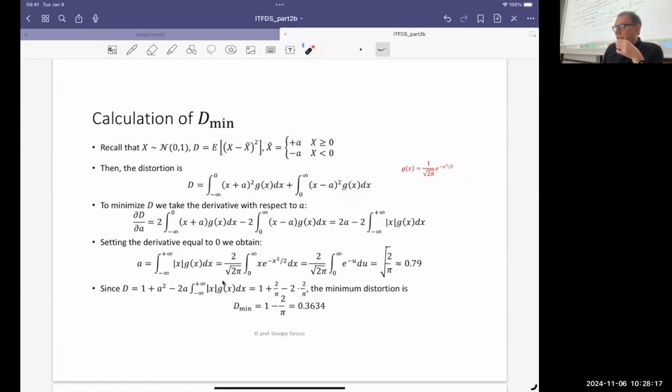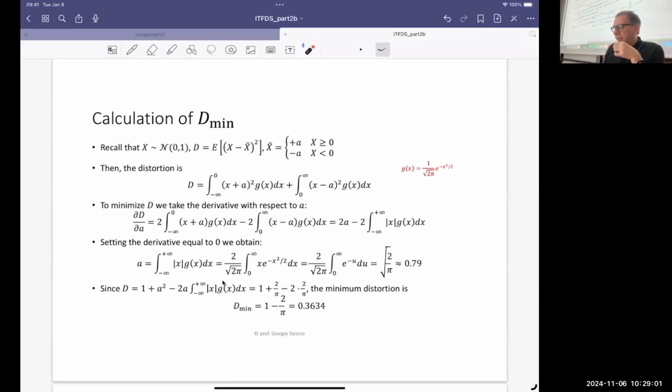Now, we can calculate this number, of course, but we want to, first of all, find the value of a that minimizes the distortion. And we can do this by taking the derivative of D, which is a function of a, with respect to a itself. We obtain that this derivative is 2 times the integral from minus infinity to 0 of x plus a times g of x, minus 2 times the integral from 0 to infinity of x minus a times g of x.